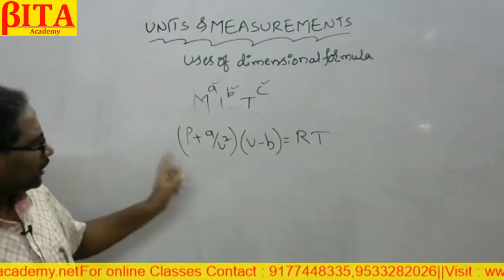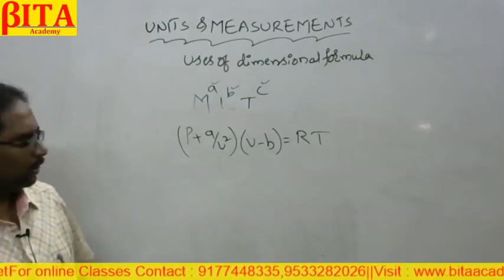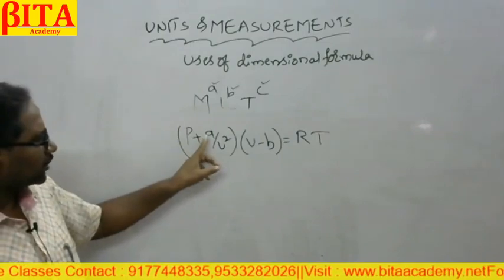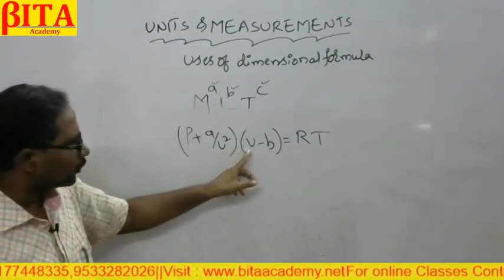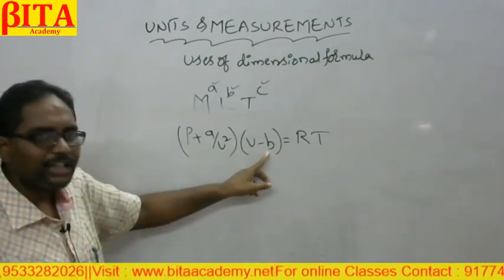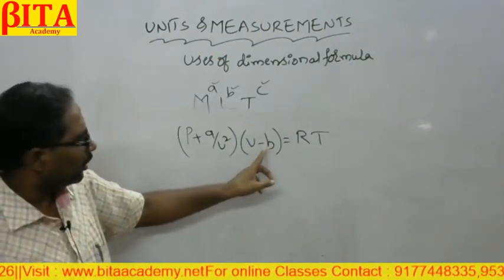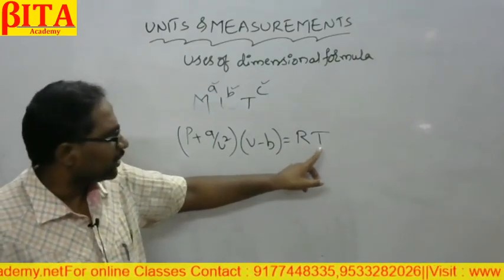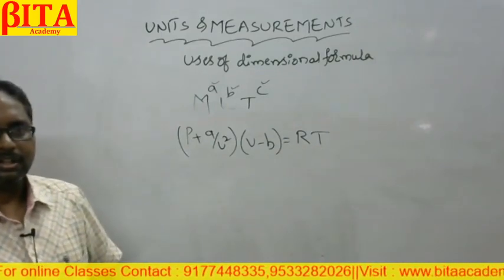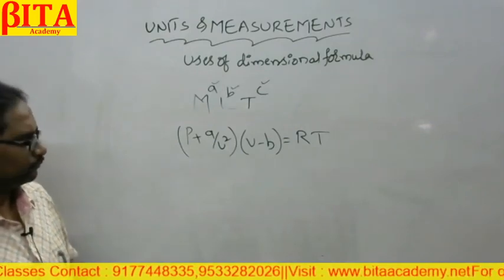In this equation, P stands for pressure, A stands for one constant, V stands for volume, B stands for one more constant, R stands for universal gas constant, and T stands for temperature.